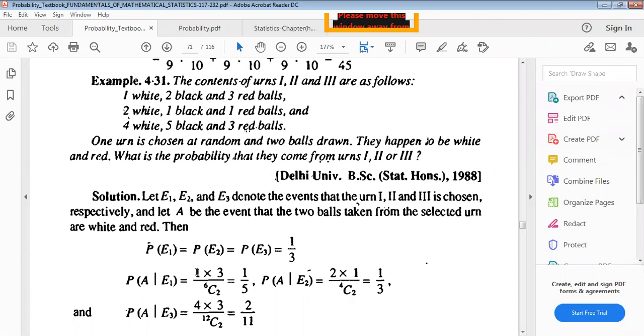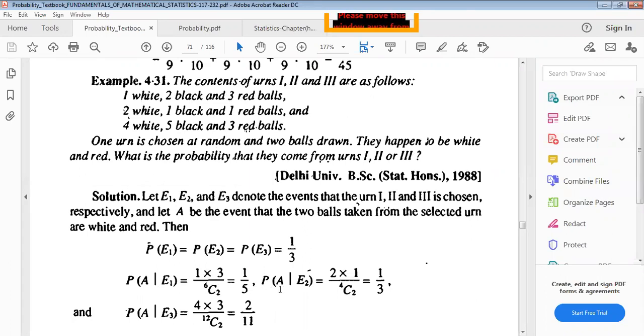That means 1 from 1 and 1 ball from 3, so 1 multiplied by 3. Then in E1, total balls: 6. And from the total 6 balls, we have to draw 2 balls. That means 6C2, and this equals 1 by 5.